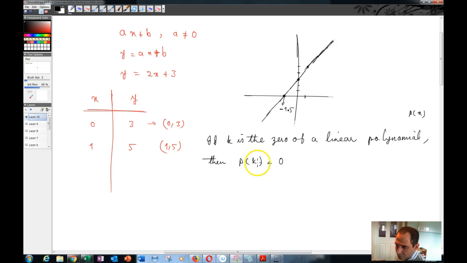That means that if you input the k into the equation as an input, then your output is going to be equal to 0.